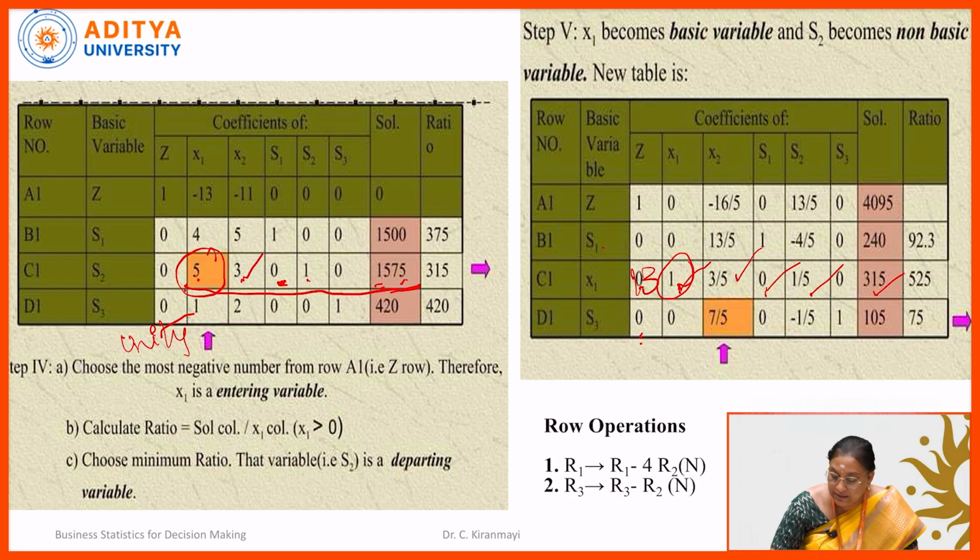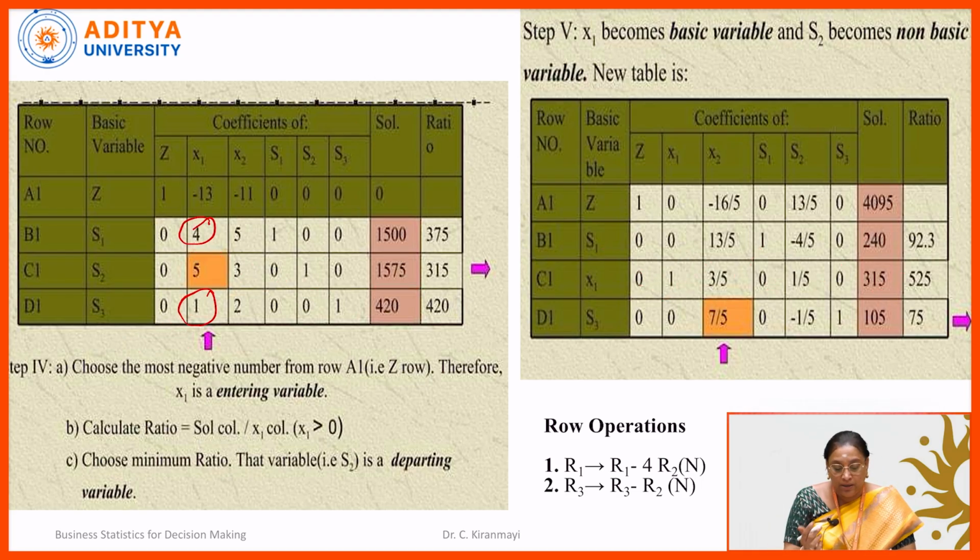After this, the other elements apart from the key element should be made zeros. 4 should be transformed to 0, and 1 must be made 0. How can we do it? By using elementary row operations which we use in matrices. Using the new R2 and its new key element 1, we have to make this 4 as 0.